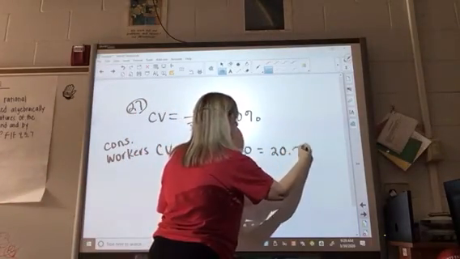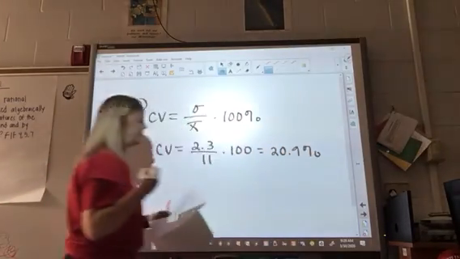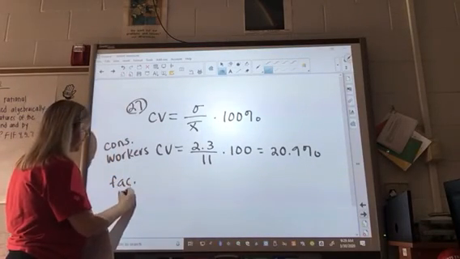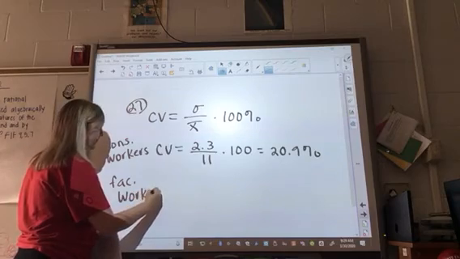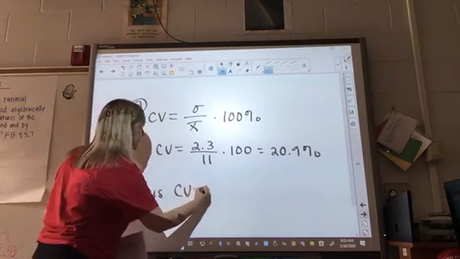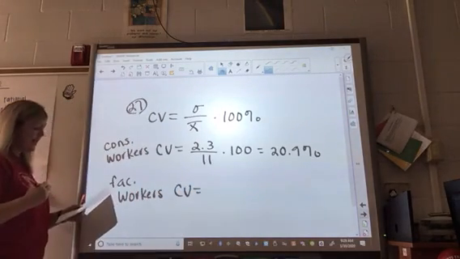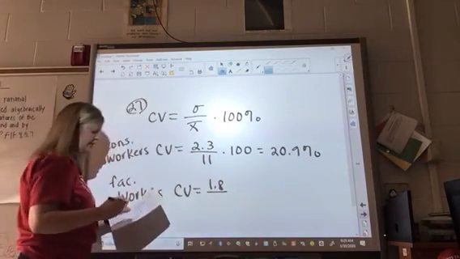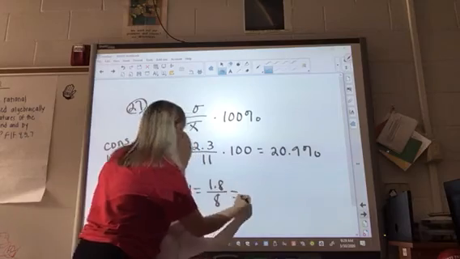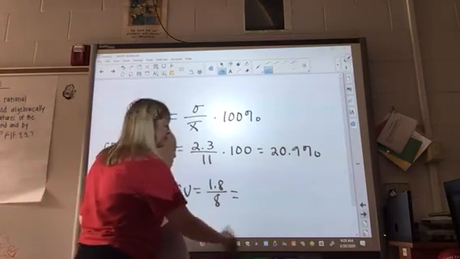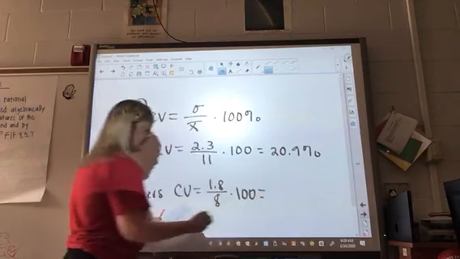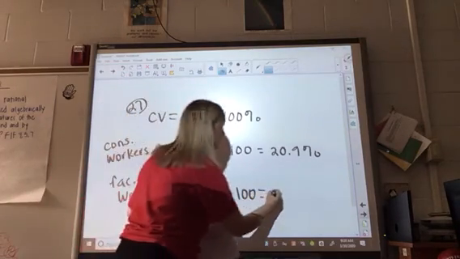That's going to be 20.9%. The other category is factory workers. It tells us that their standard deviation is 1.8. Their mean is 8, times 100%. That gives me 22.5.